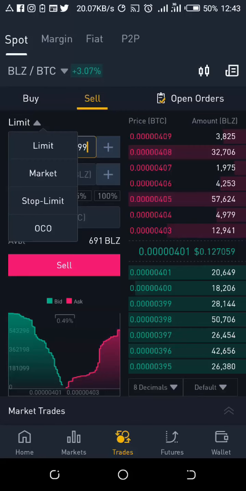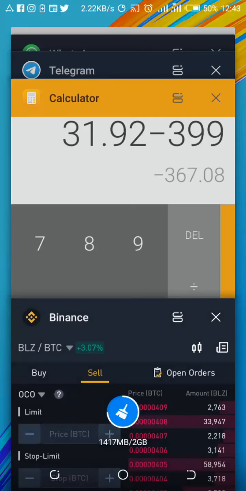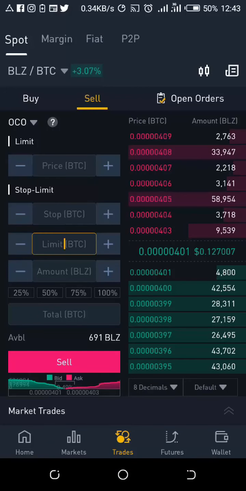So we go ahead and click on the limit, use OCO order. We can say if this reaches the first target, we can decide to sell at the first target, or we use the second target, but we should be sure to use our stop loss, which is 367 Satoshi.